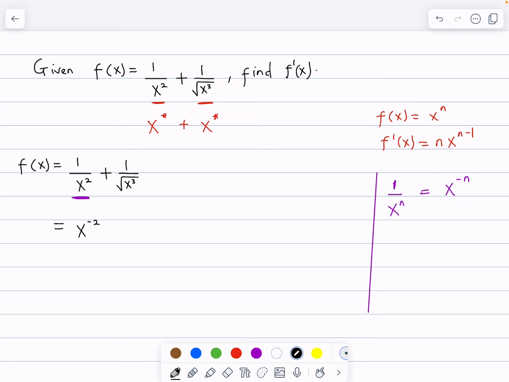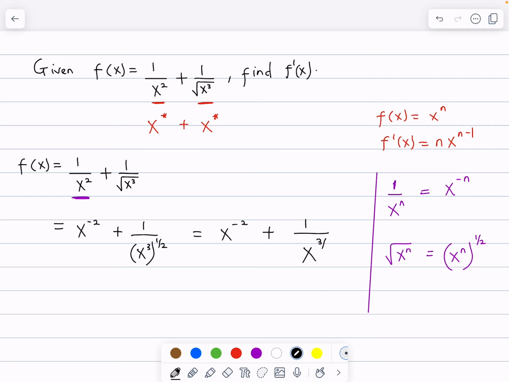And from the rules of exponents, if I have the square root of x to the power of n, this is the same thing as x to the power of n, to the power of 1 over 2. So using that rule, I can rewrite the denominator of the second term as x cubed to the power of 1 over 2, and this is just going to be x to the power of 3 over 2.